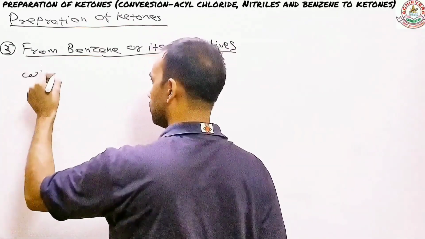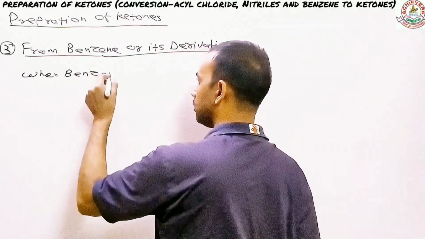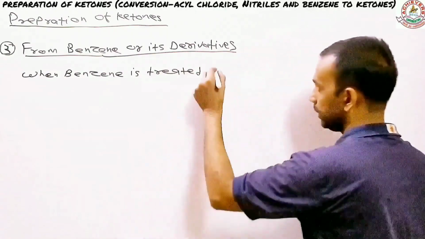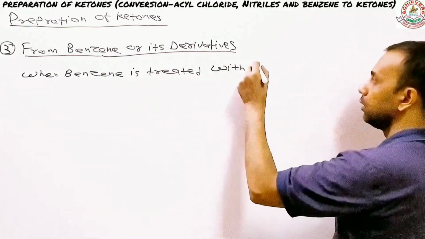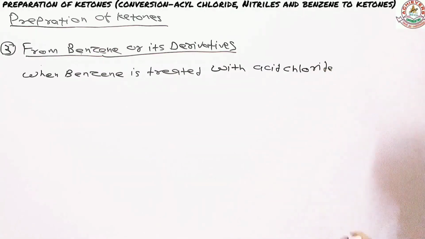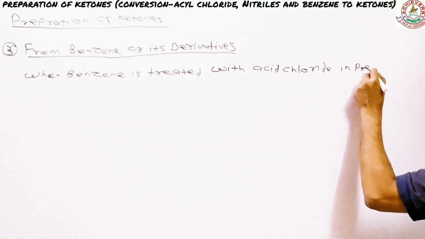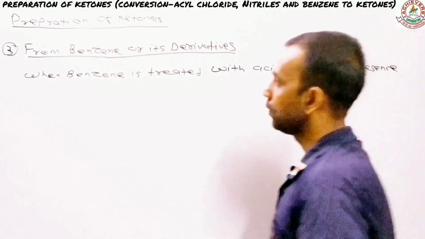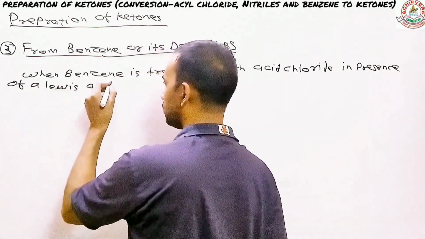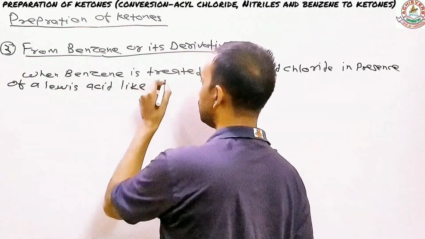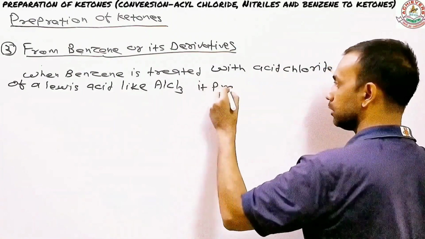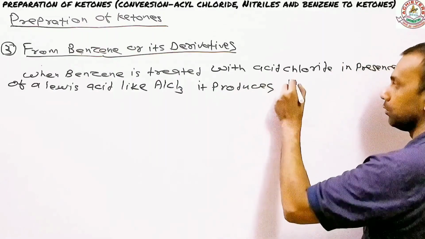When benzene is treated with acid chloride, again acid chloride here, in presence of a Lewis acid like AlCl3, it produces a ketone.